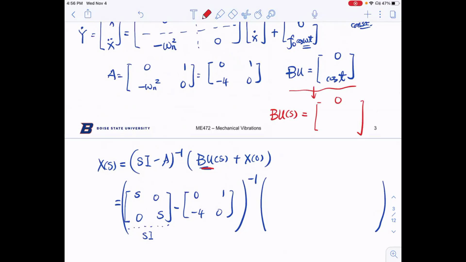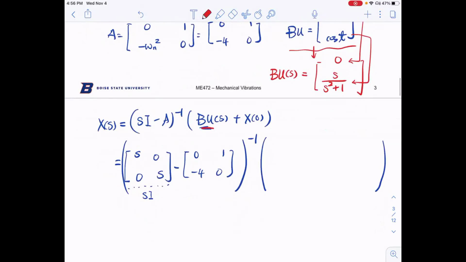So it's 0, and then your cosine becomes s over s squared plus 1. That's the Laplace transform for cosine. 0 stays at 0. So you just copy and paste this BU(s), that is 0, s over s squared plus 1.